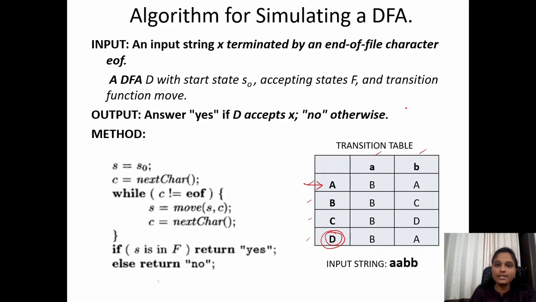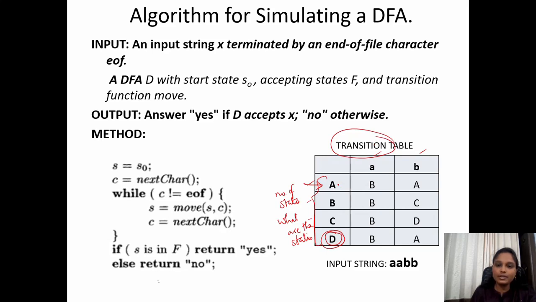Basically, the input should be the number of states that you are going to use, and what all the states are. These are all inputs we need to get from the user, along with the input symbols you are going to use, and then, very importantly, the transition function.